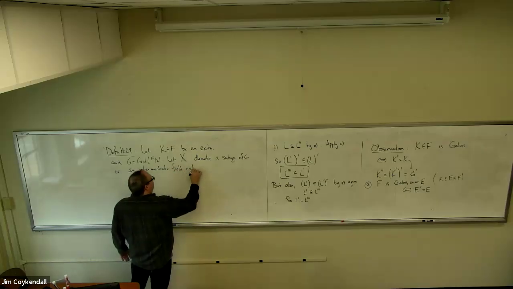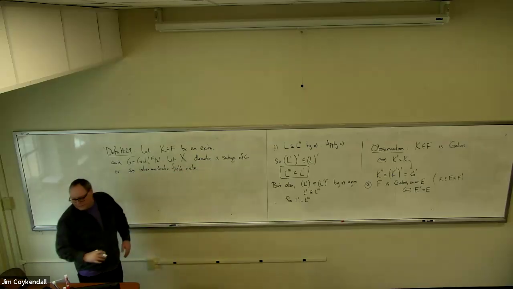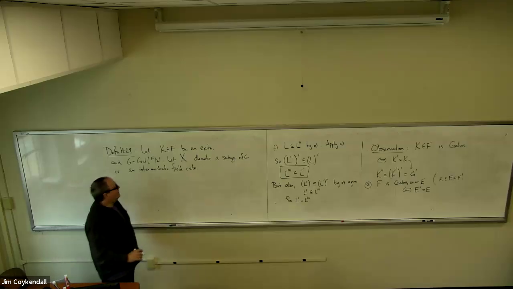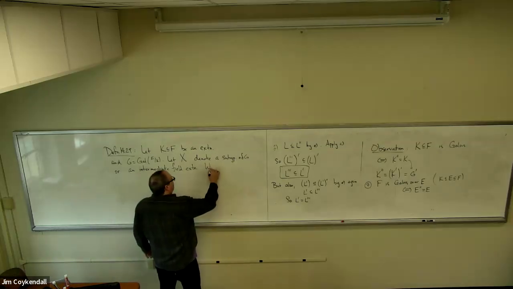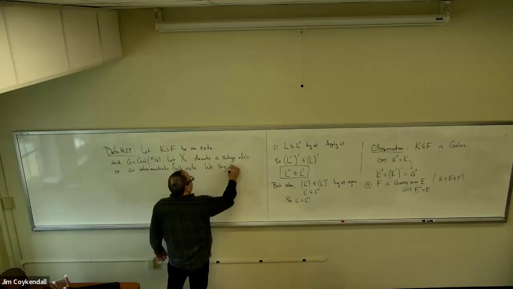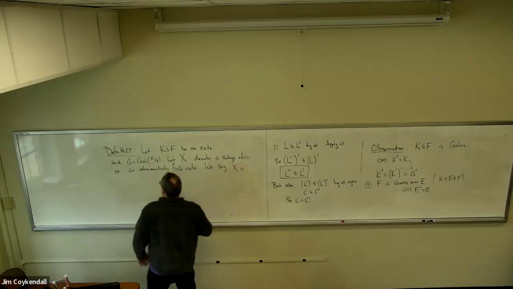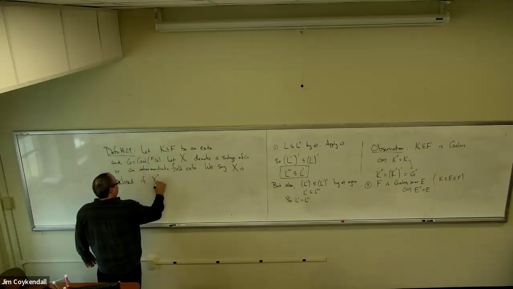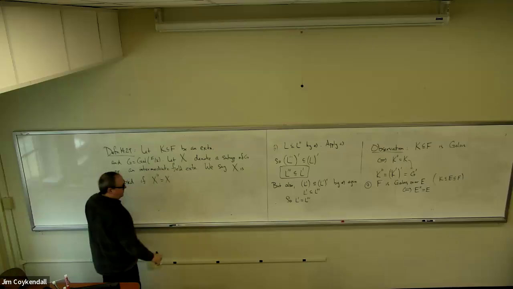So this is just a generic notation: X might be a subgroup of the Galois group or an intermediate field between K and F. We say X is closed if X double prime equals X.